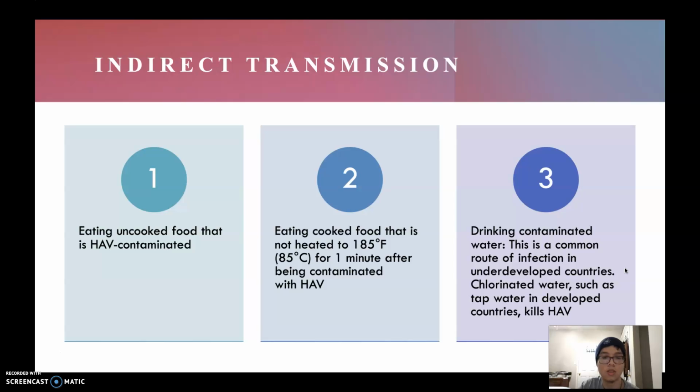And indirect transmission: eating uncooked food that is HAV contaminated, eating cooked food that is not heated to 85 degrees Celsius for 1 minute after being contaminated with HAV, and drinking contaminated water. This doesn't happen a lot in developed countries because they only use chlorinated water, which can kill HAV.